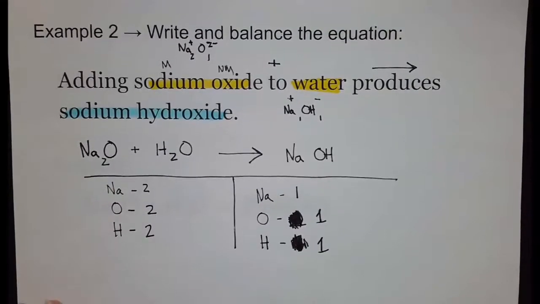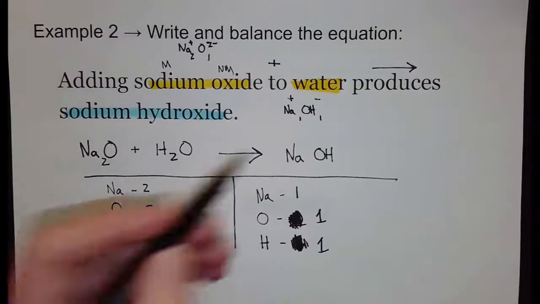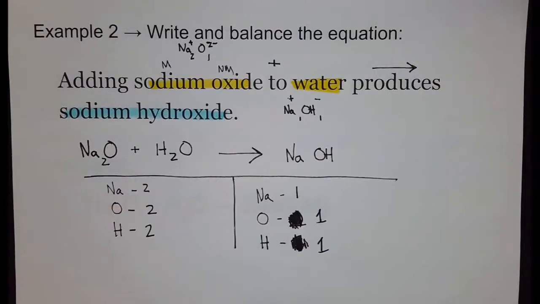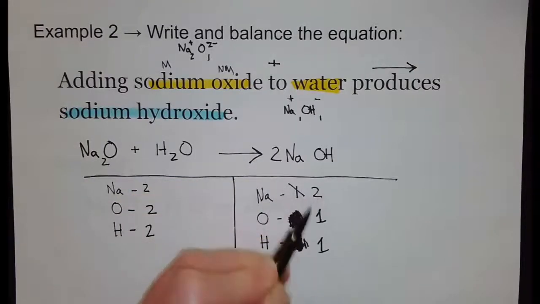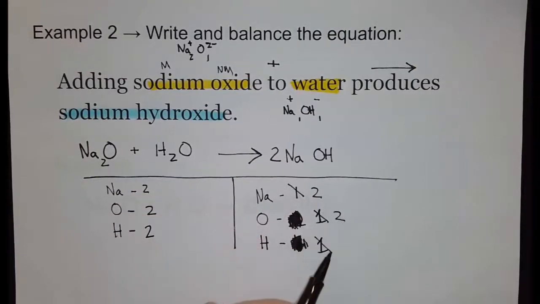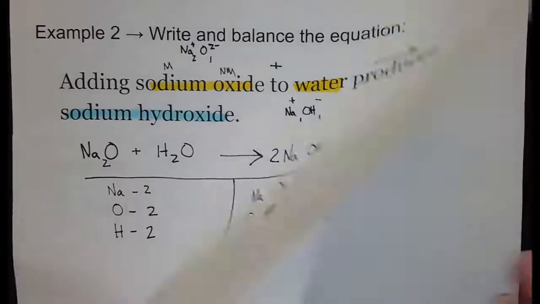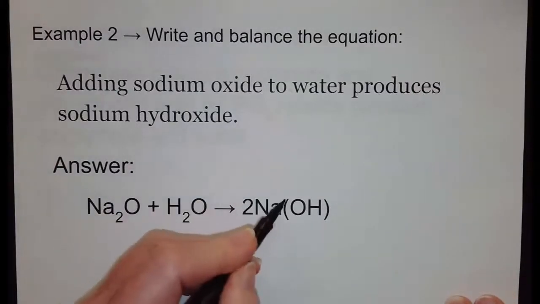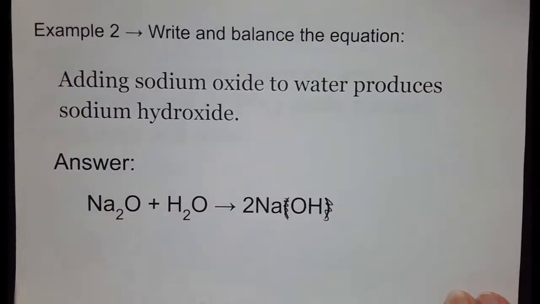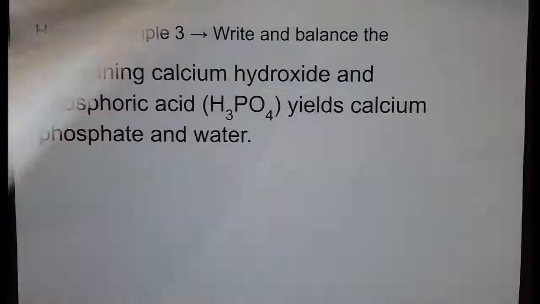And then we would balance this. Pretty straightforward. A 2 here will give us 2 of everything. So here it is. We don't need parentheses here because there's only 1 hydroxide.